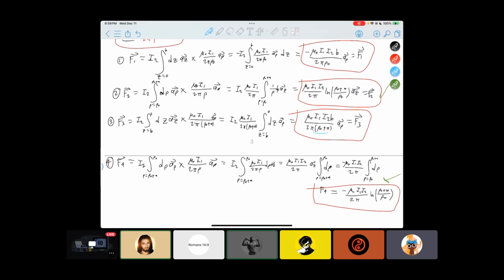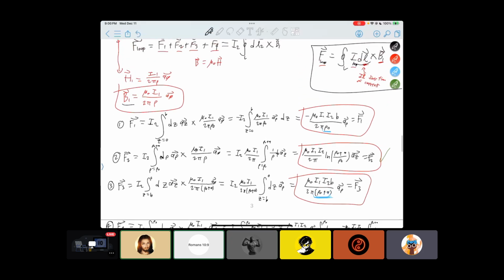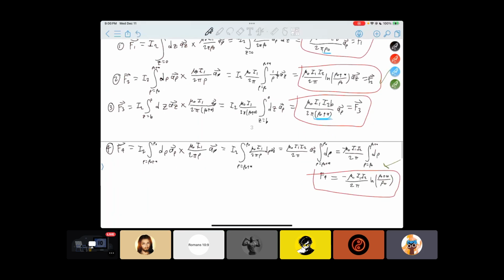But you see how F1 and F3 have a difference here, because of the ρ naught plus a. F1 is negative, but they're not the same in magnitude, so you can't really simplify that. It's just how it is.